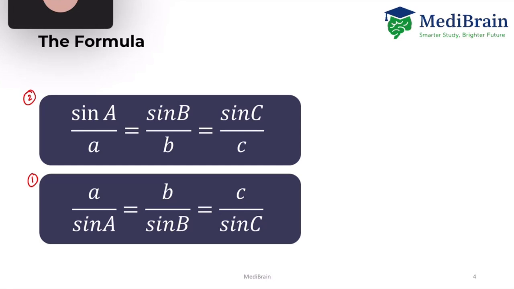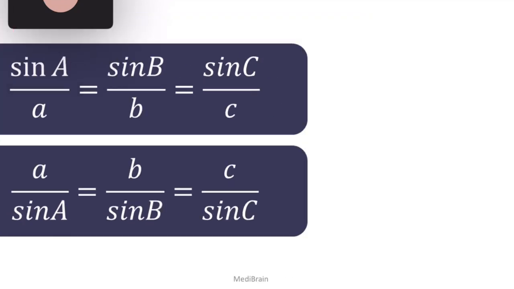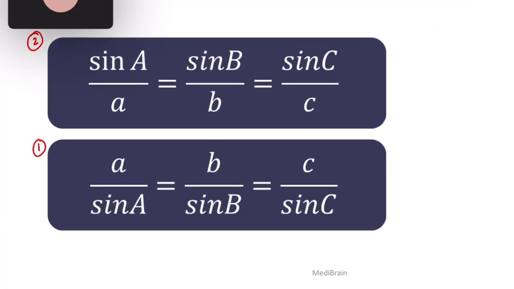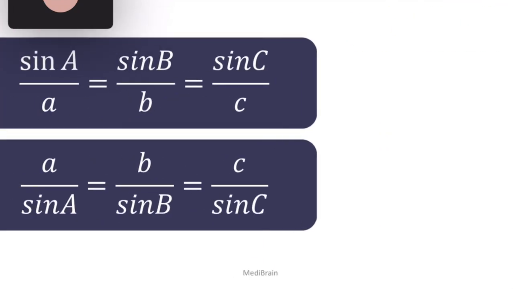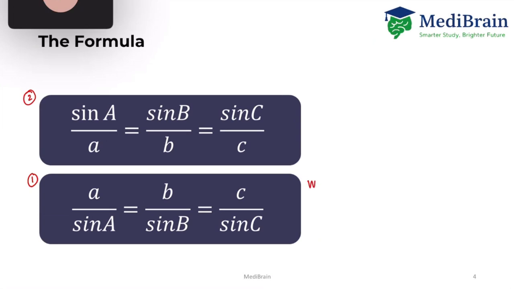Okay, so we originally had sine A over a equals sine B over b equals sine C over c. Then we have a over sine A equals b over sine B equals c over sine C. It's literally flipped. We will use this formula, formula 1, when we are working out the length of a missing side.